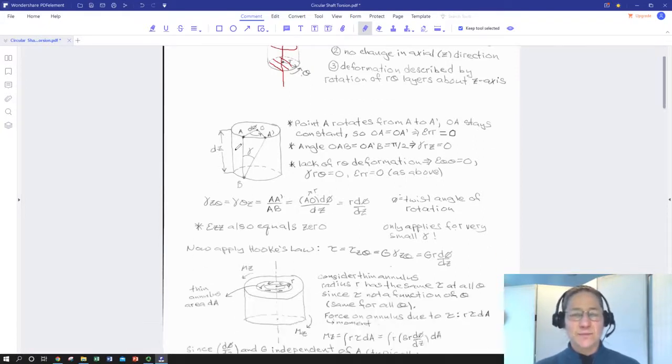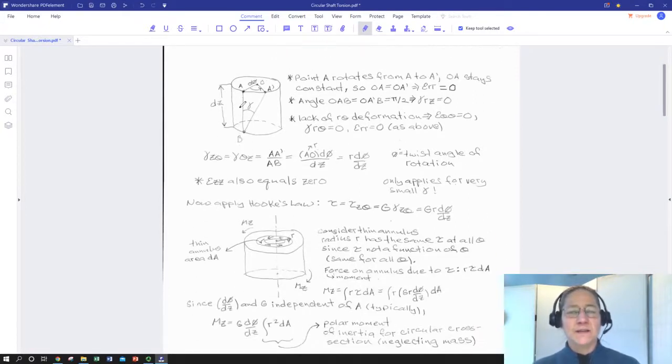So let's grab some reference points on a hypothetical cylinder and see if we can put some quantitative description to this twisting. All right, so now we've got a little reference cylinder. So now we're looking at small dimensions. So rather than some finite z of like a foot or a centimeter, it's dz.